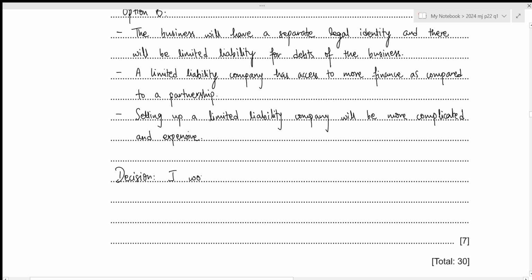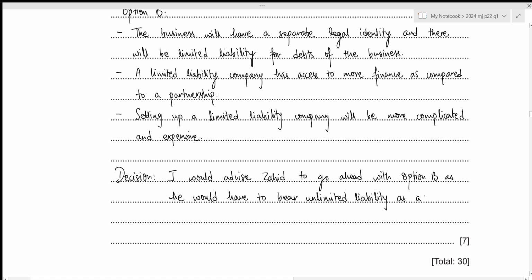So I would advise Zahid to go ahead with option B, as he would have to bear unlimited liability as a partner, but limited liability as a shareholder.